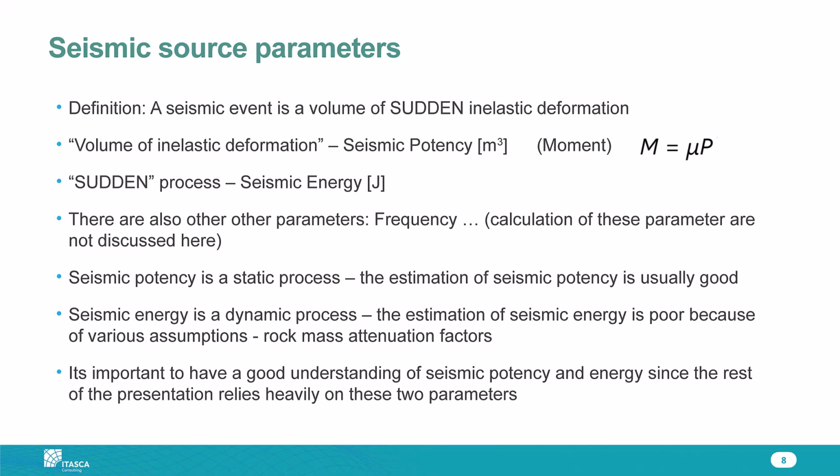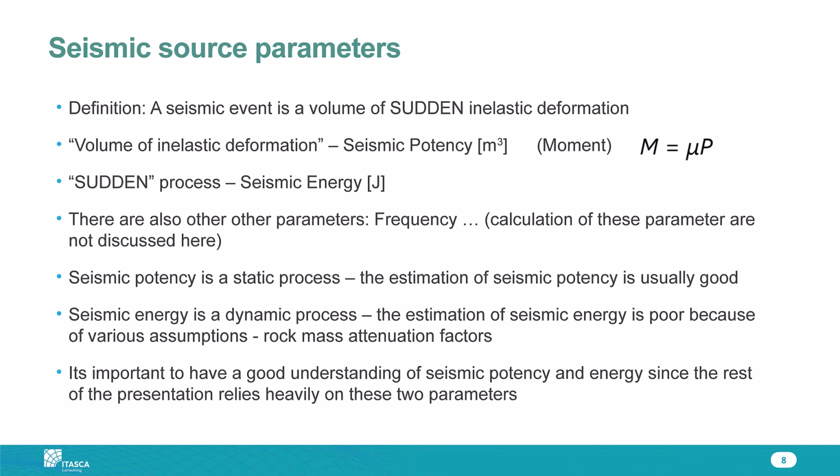I also mentioned that a seismic event is a sudden process. Now, the suddenness of this process, the speed at which this happens, that is the seismic energy part. And first of all, for the seismic system providers, or the people that process the seismic data, the estimate of the seismic energy is usually a lot less accurate than the seismic potency for a particular seismic event.